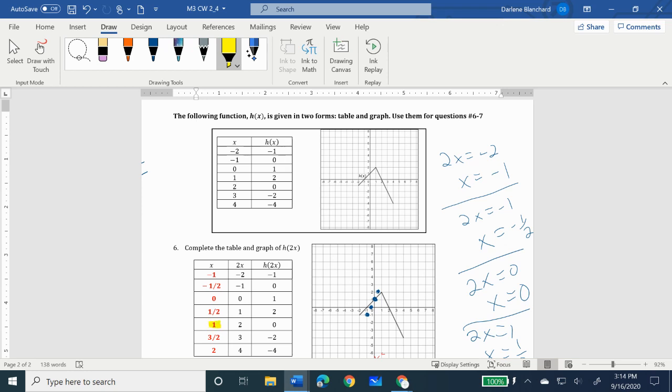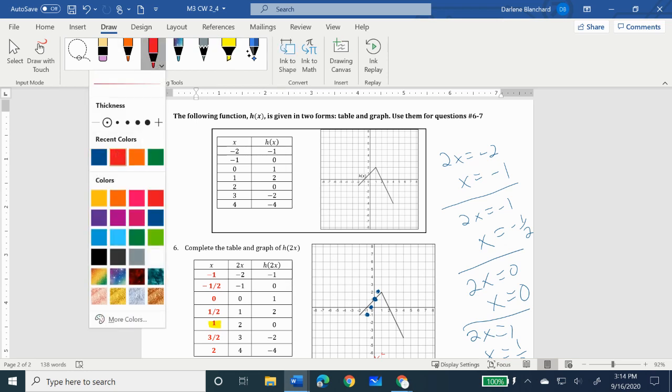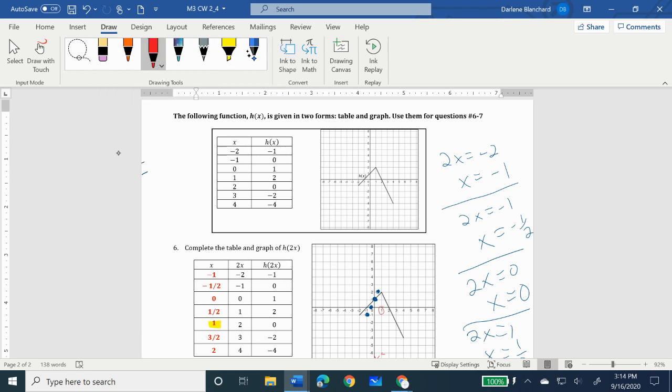This time, 1 enters the room. I want to emphasize where x equals 1 is located, right here. That x value of 1 is doubled to become 2, and that 2 is who has to go into the h function. So the input for h, 2, comes along, and h says, I give you 0.